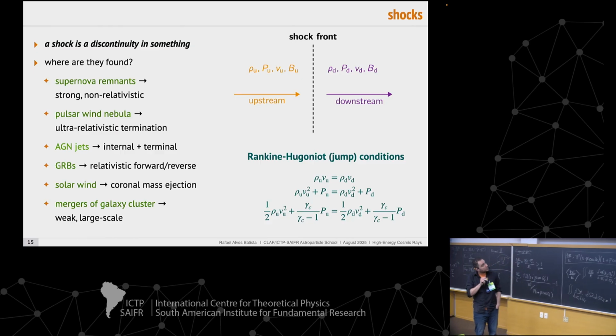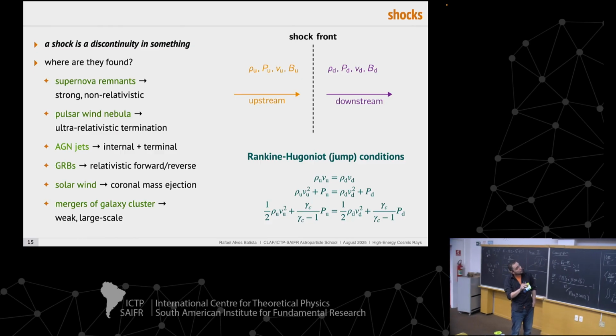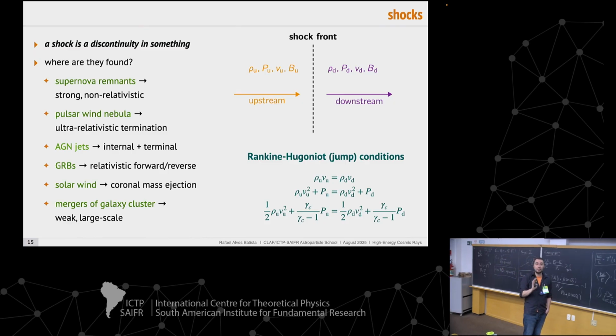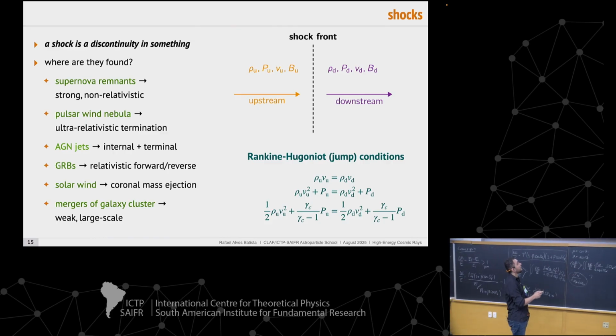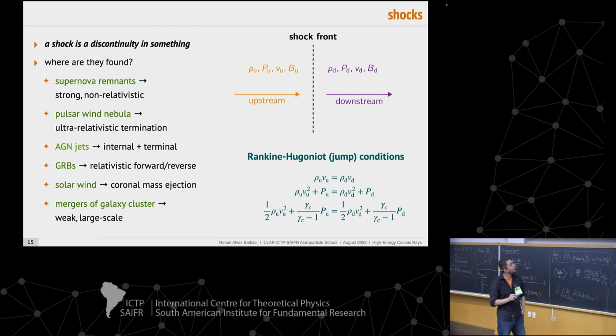This set of conditions, Rankine-Hugoniot, is also called jump conditions. It tells us what happens at this interface. So a shock is an interface problem. What happens when a bunch of things on this side meet a bunch of things on this other side? What happens in this case? Well, we have the density times the velocity.